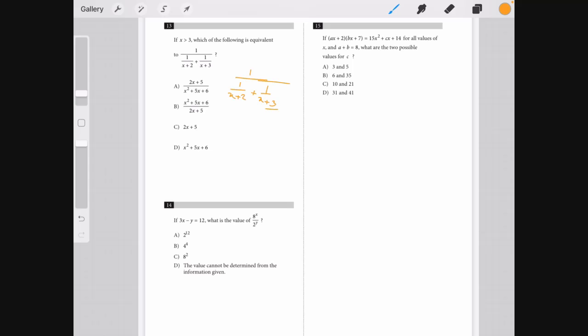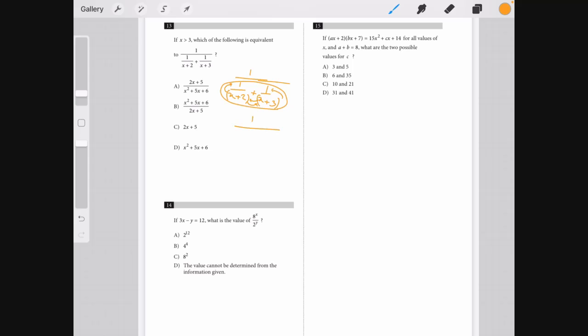Now, adding these two, we need the common denominator. So we multiply this denominator into this one, and this denominator into this one, and respectively multiplying their numerators.